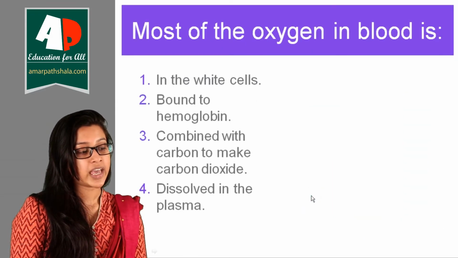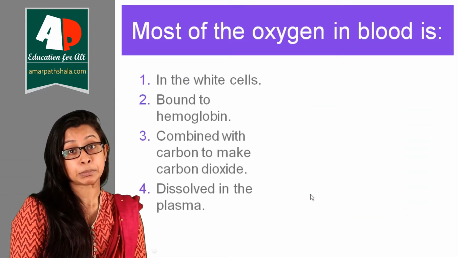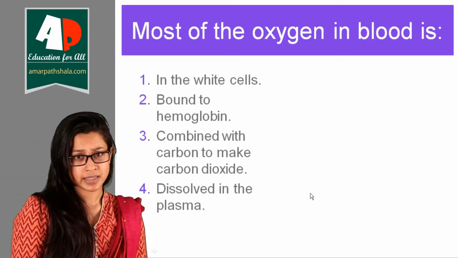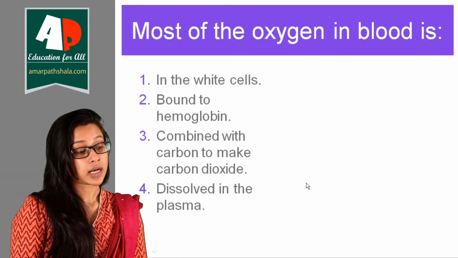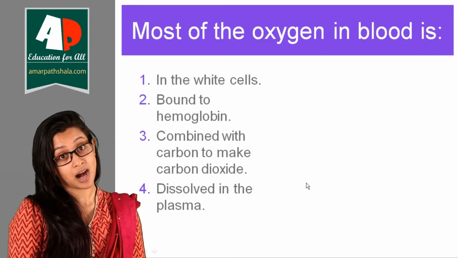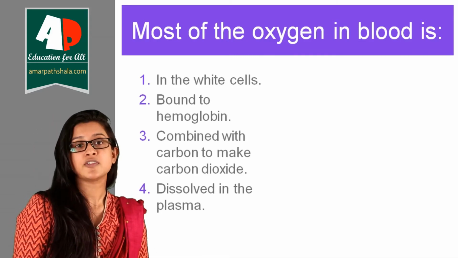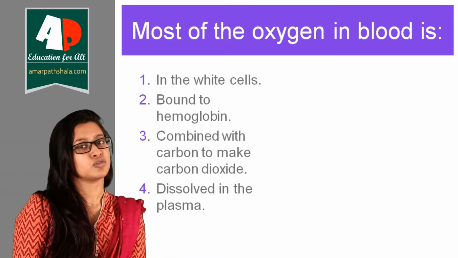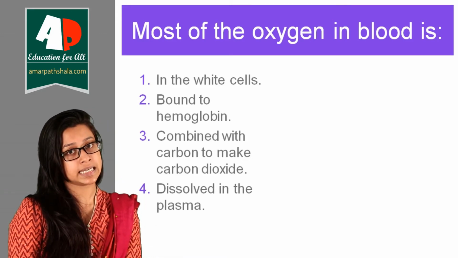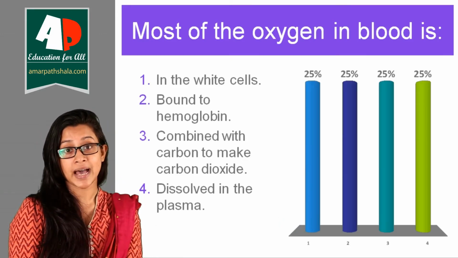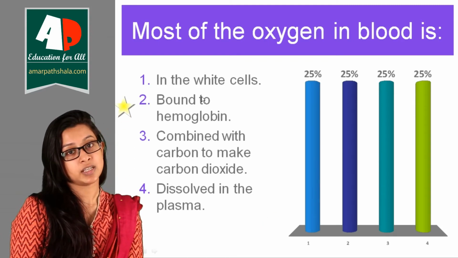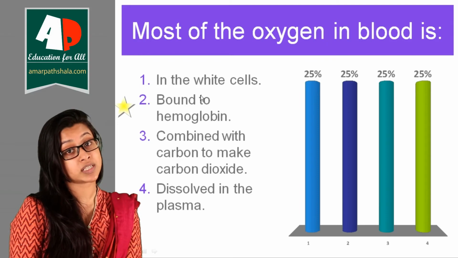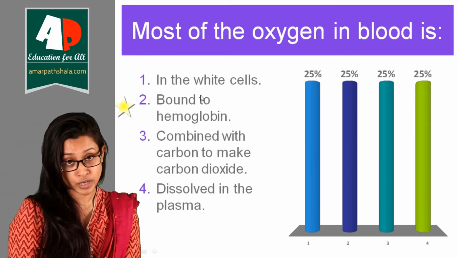Next up, we have most of the oxygen in the blood is in the white blood cells, or bound to hemoglobin, or combined with carbon to make carbon dioxide, or dissolved in the plasma. So which one is it? Most of the oxygen in blood is bound to hemoglobin. It is not present in the white blood cells, which we know is important for the immune functions.